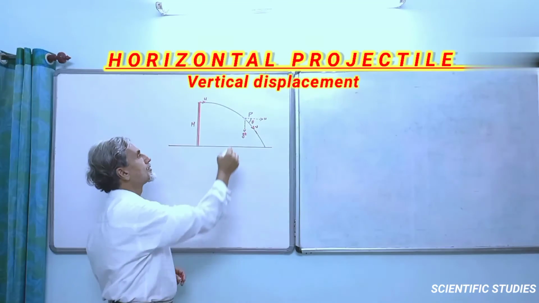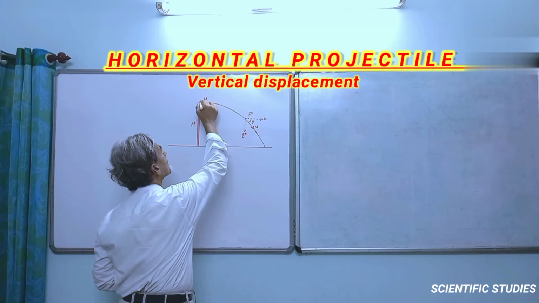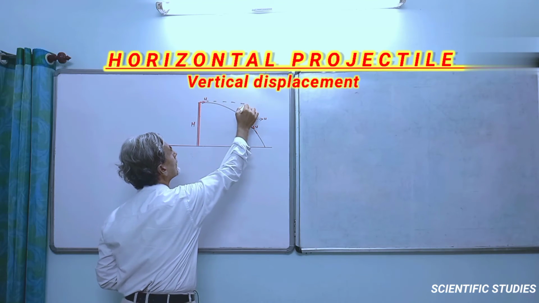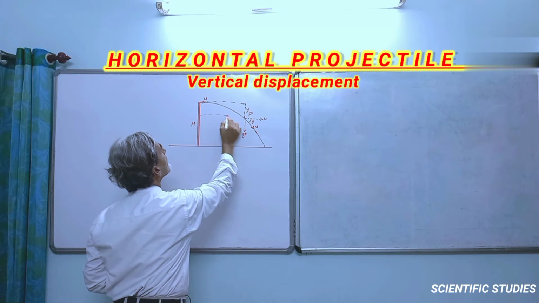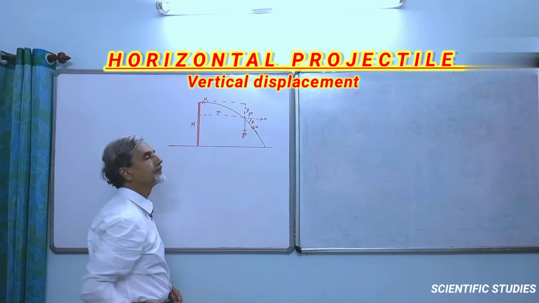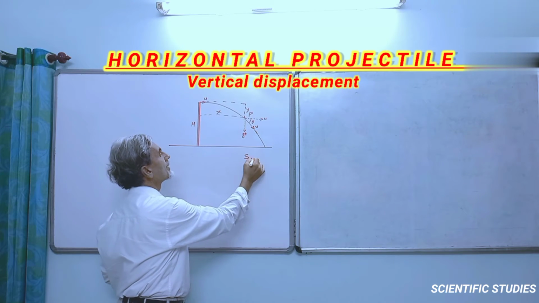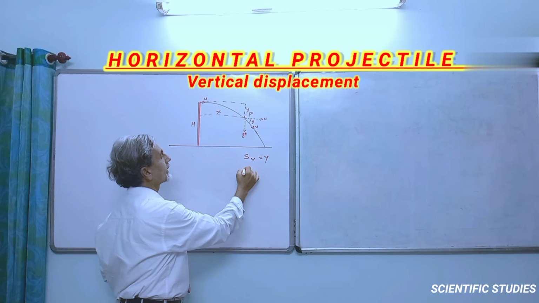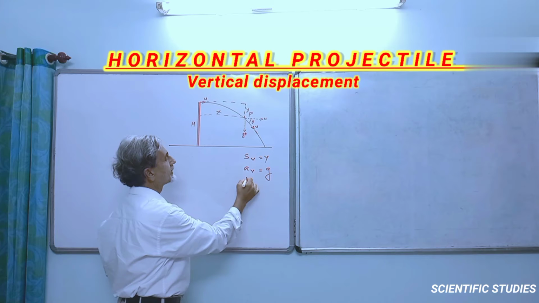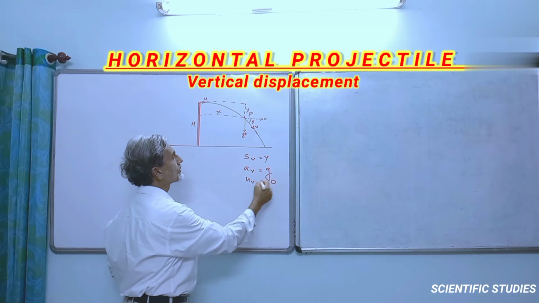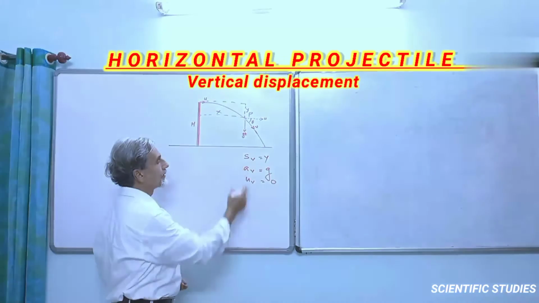When the body reaches the position B, it has a vertical displacement which is equal to y, and a horizontal displacement which is equal to x. There is a displacement in the vertical direction, that is equal to y, acceleration in the vertical direction is equal to g, and initial velocity in the vertical direction is equal to 0 because the body is projected horizontal to the ground surface.